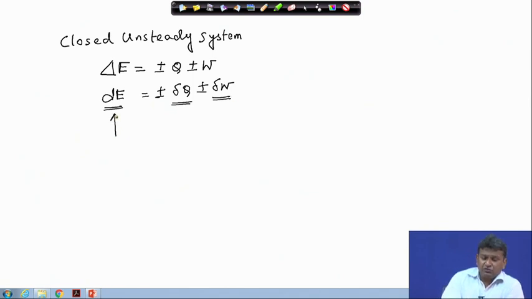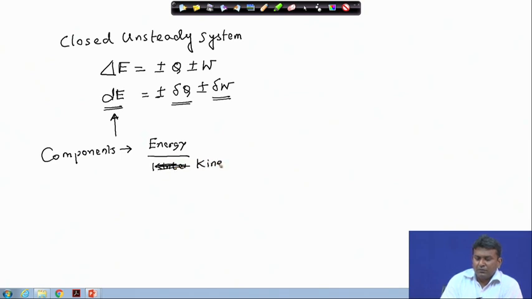Understanding all this, you should next move on to what are the different components of each of these terms. As far as energy is concerned, the different components are kinetic energy, potential energy, and the internal energy of the system.